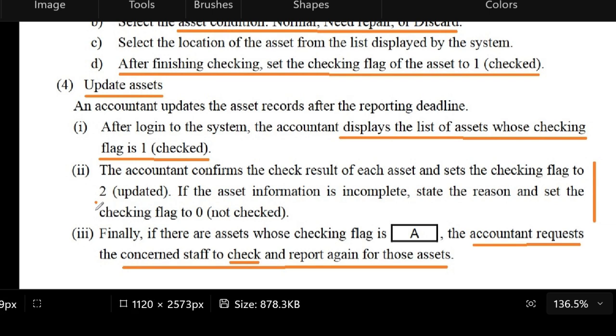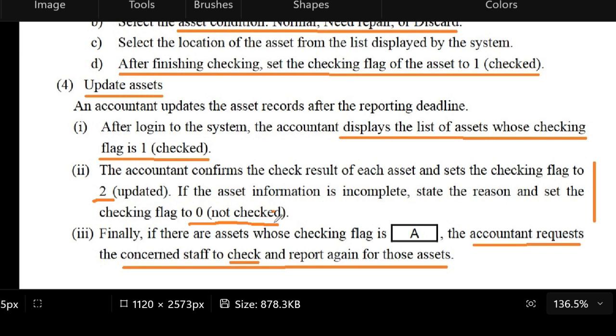So now we have a change from 1 to 2, because that means the accountant has checked it too. If the asset information is incomplete, state the reason and set the checking flag to 0. So it could be 2 or 0, and it's 0, not checked, if the asset information is incomplete.